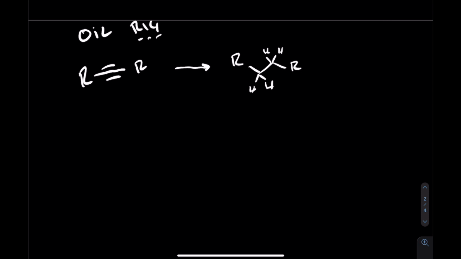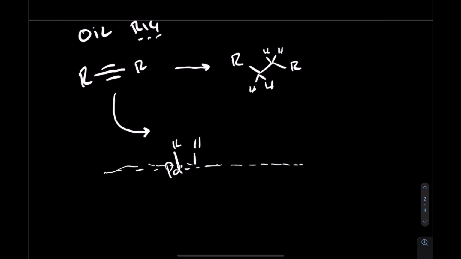So what do we do in the last one? It's the same sort of business with the metal. You have a palladium surface. Platinum works as well. It's just like a surface. And then hydrogen gas gets stuck onto the surface because these metals are very good at absorbing hydrogen.